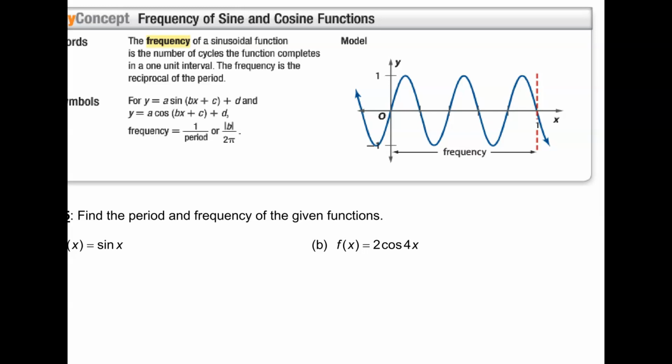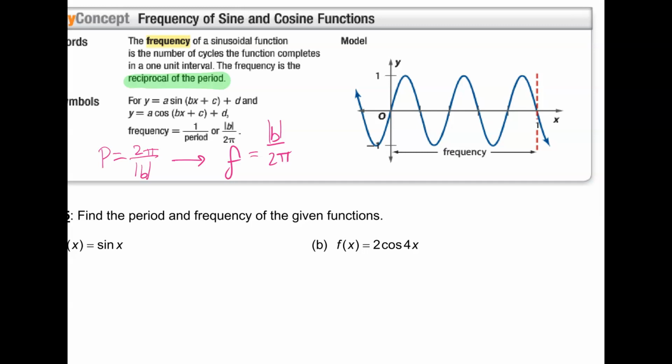And so if you want to find the frequency, it's going to be the reciprocal of the period. If the period was 2 pi over absolute value b, the frequency is going to be the reciprocal, which is going to be the absolute value of b over 2 pi. And don't forget it's absolute value, because if I have a negative sign in front, I have to take the negative away.